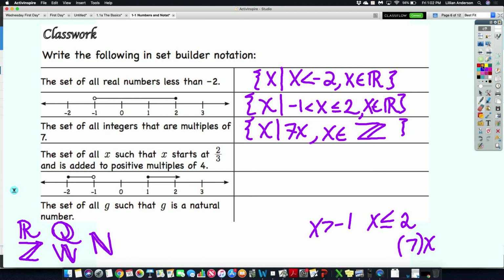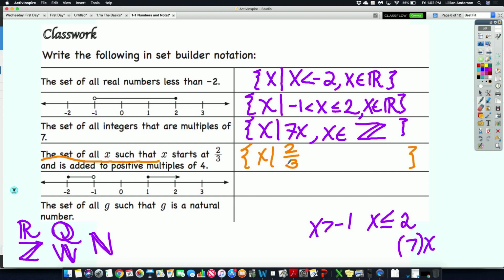So we have the set of all x such that, like this is literally the same notation, the same wording as before, okay? So anytime you see that, just like before, you know that we need that basic setup. X starts at 2/3. If it starts there, that means you probably should have it written down somewhere, right? Kind of like what the y-intercept would be in slope-intercept form, that starting point, okay? 2/3.